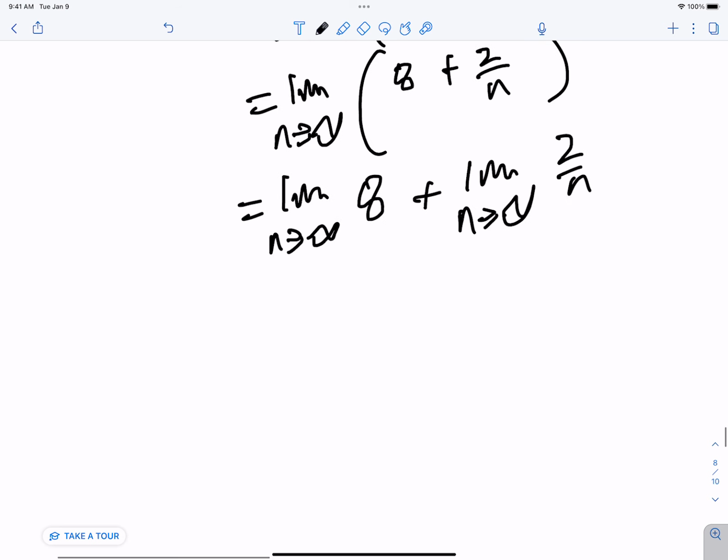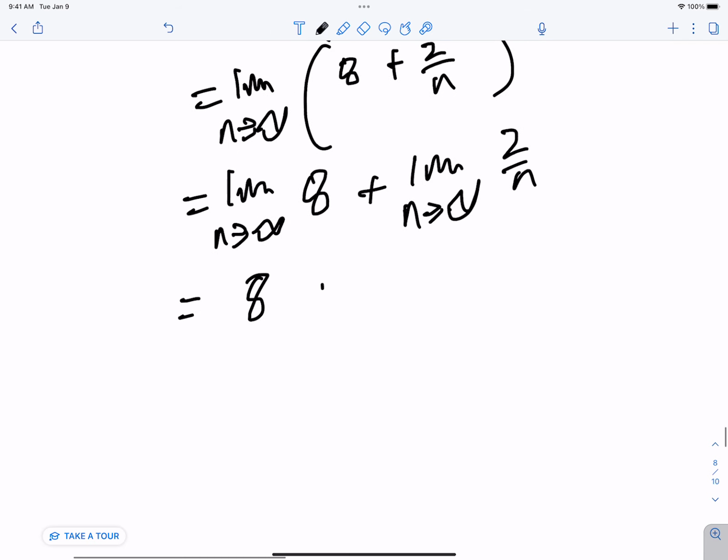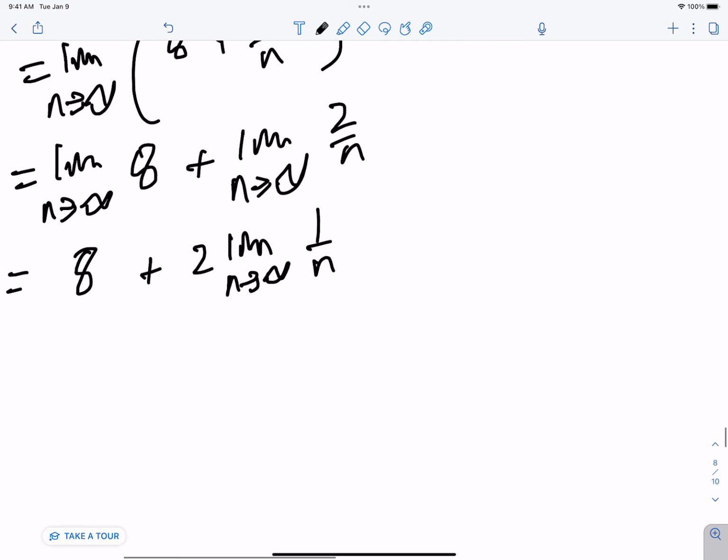I'm going to factor out the constants. Actually, I don't really need to for this limit here. So when you have a constant within the limit, it's just the constant. So we'll just have 8 right there. And I'll factor out 2 from this limit here. So I'll have 2 times the limit as n approaches infinity of 1 over n.